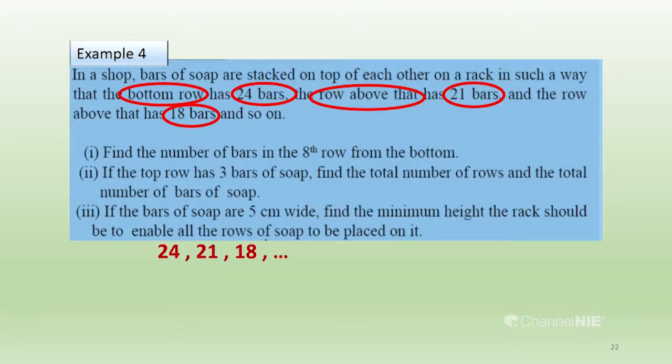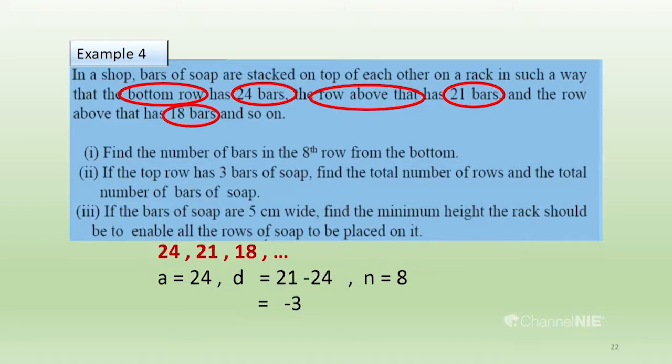First you write this as a pattern, because here we know this is an arithmetic progression. 24, 21, 18. What is the first term? First term is 24. What is the second term? 21. What is the third term? It's 18. Then what is the common difference? Common difference is -3.